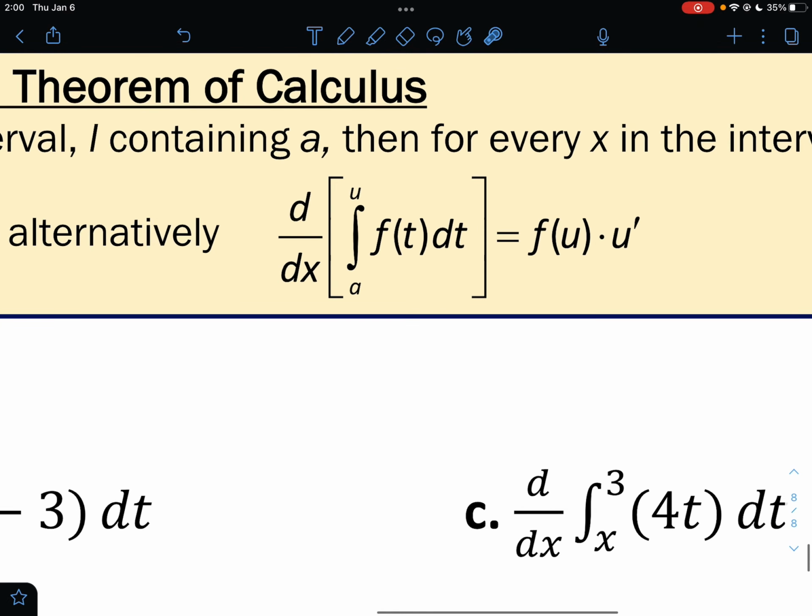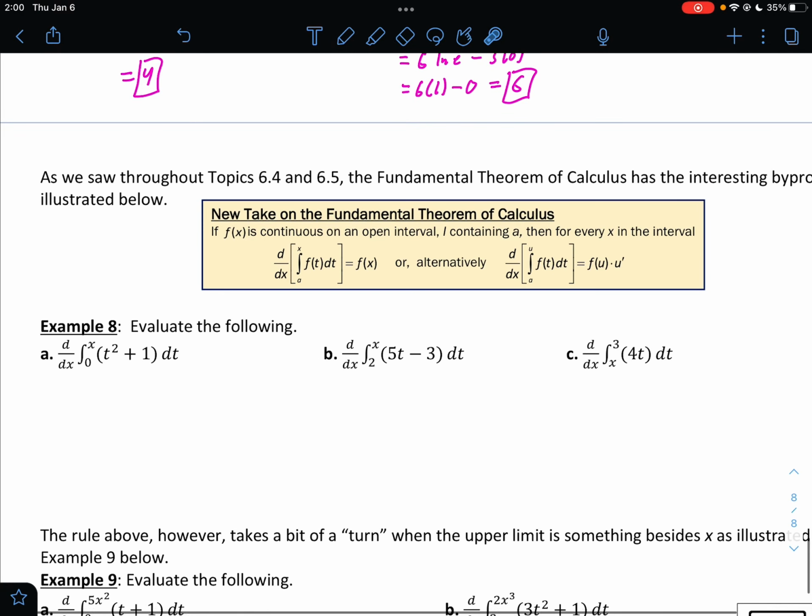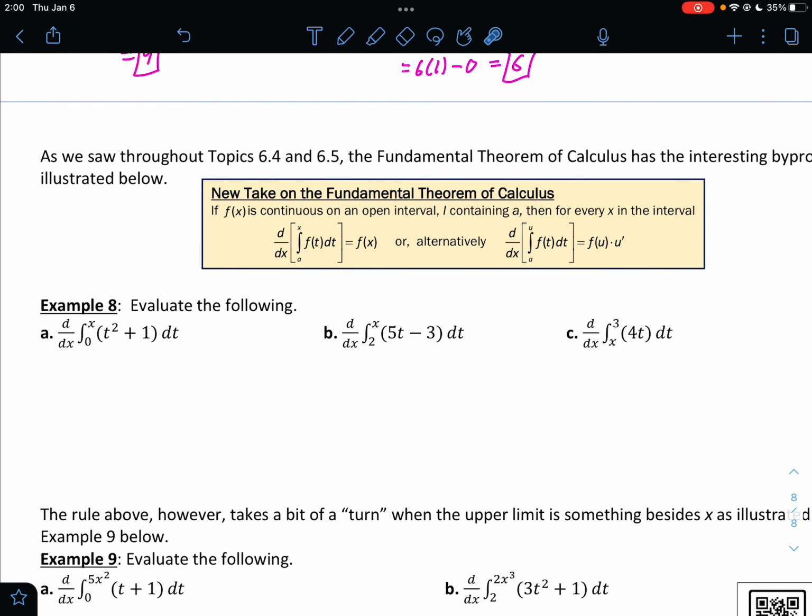However, if the top bound is a function of a variable besides just that variable, not only do you put that function into the integrand, but you also have to multiply by the derivative of that function as well. Let's take a look at what that looks like in a couple problems here. It can be a little bit harder to understand until we actually see an example of it.